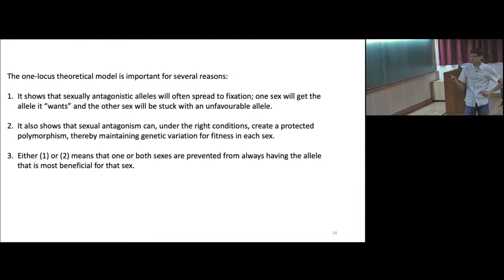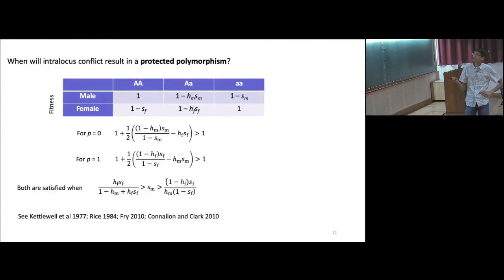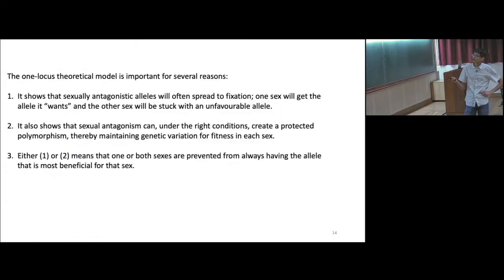That one-locus theoretical model that we did, the one that led to this result, I think has three really simple but important points that come out of it. It shows that antagonistic alleles will often spread to fixation. There was all that white space on those figures, and not much of it was made of that shaded region.